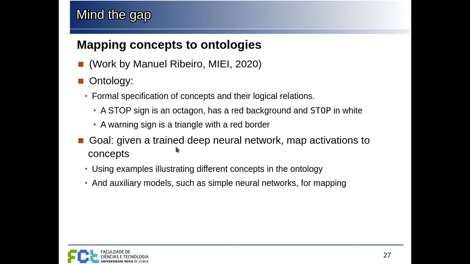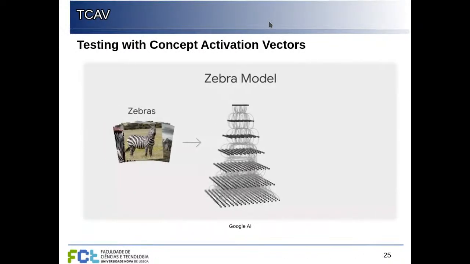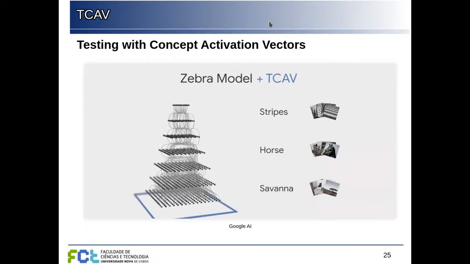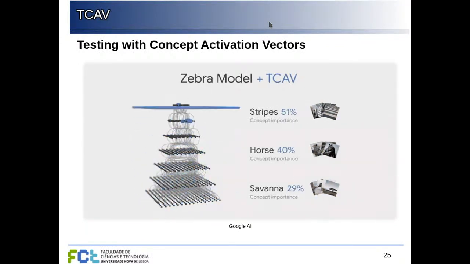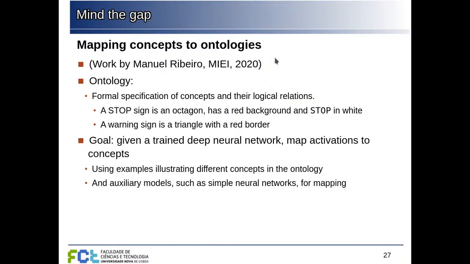So now we have a trained deep neural network, so something similar to what we saw here with TCAV, and we want to map from the activations of this network when we present some examples into particular concepts. So this part is similar to what we're doing in TCAV, which is to use sets of examples to specify the concepts and then map the activations there.